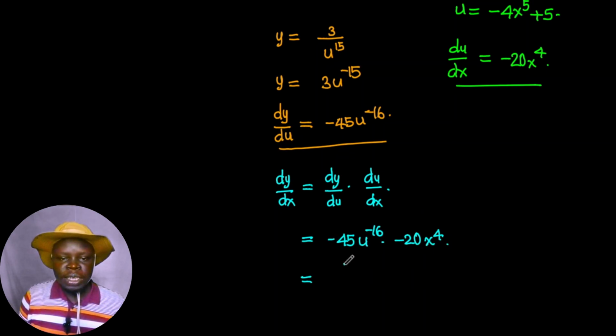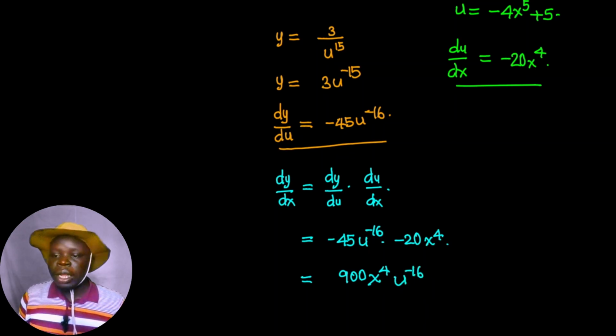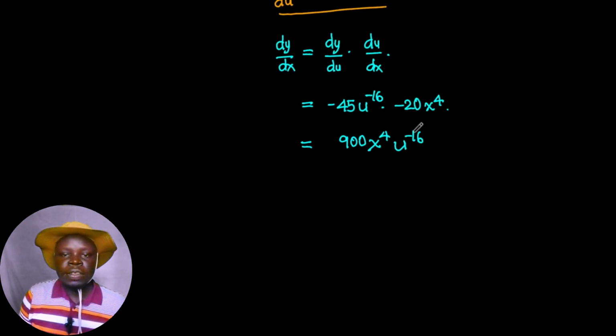So negative times negative is positive, and we have 45 times 20, that is 900. And from here, we can attach our x to the power of 4 here, and we are left with u negative 16.